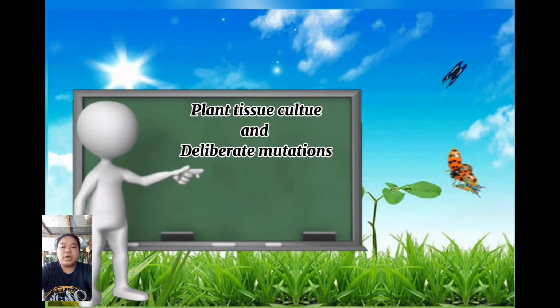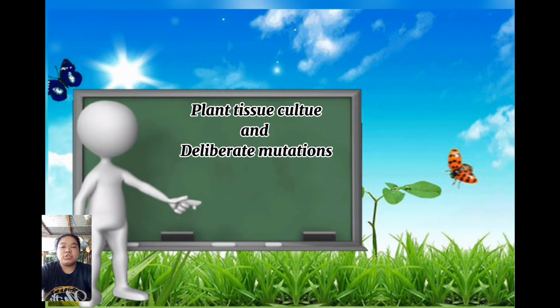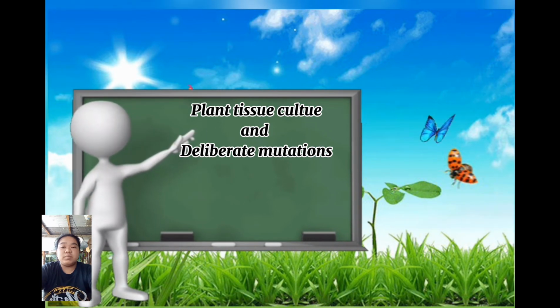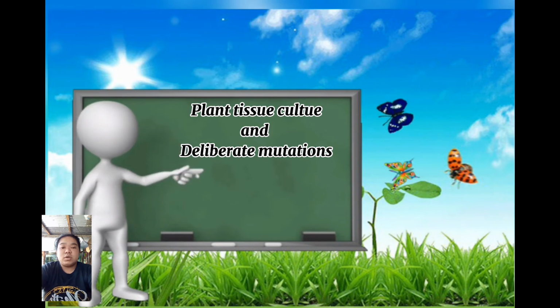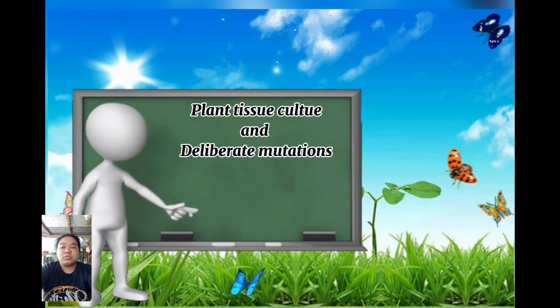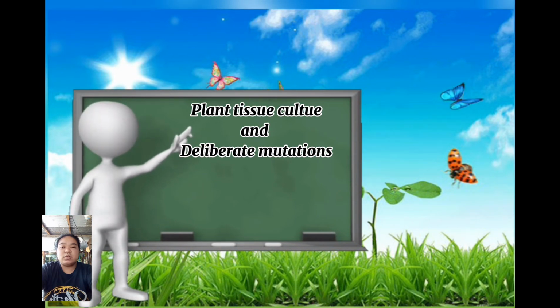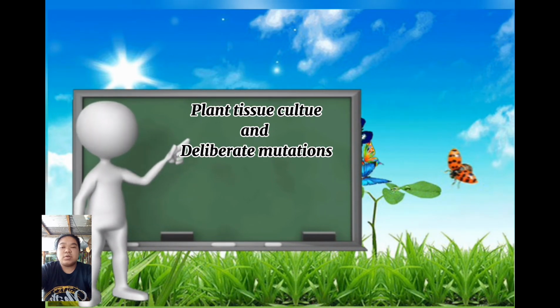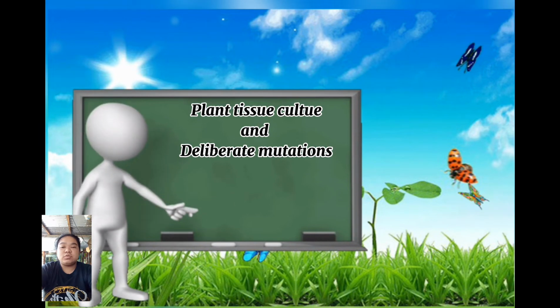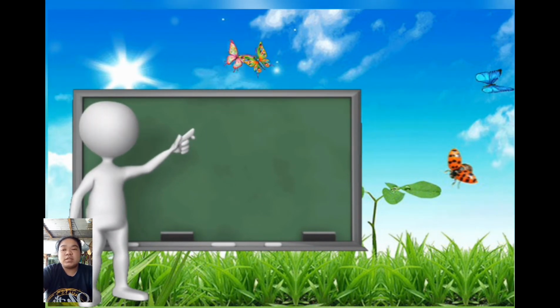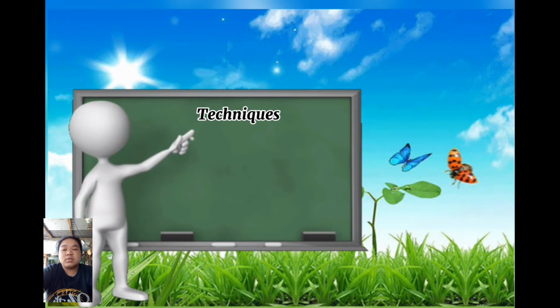Plant tissue culture and deliberate mutations have enabled humans to alter the makeup of plant genomes. Tissue culture is a collection of techniques used to maintain or grow plant cells, tissues, or organs under sterile conditions on a nutrient culture medium of known compounds. And now here are the techniques.